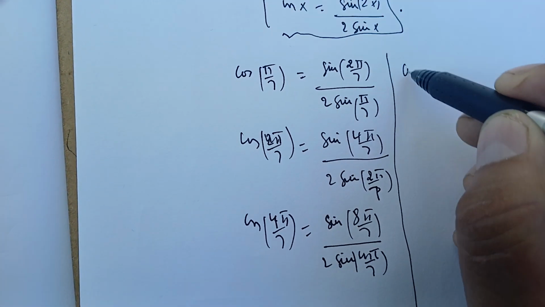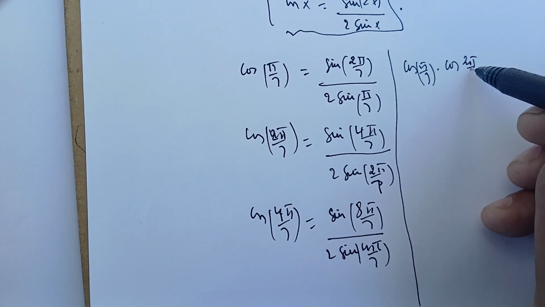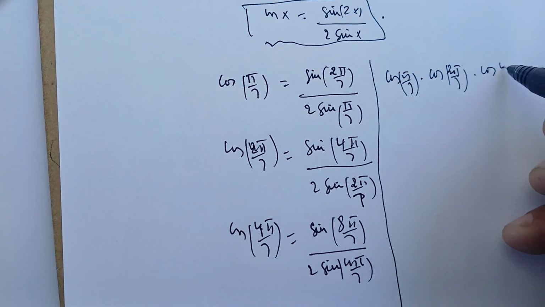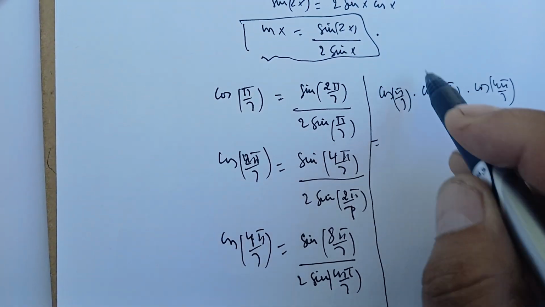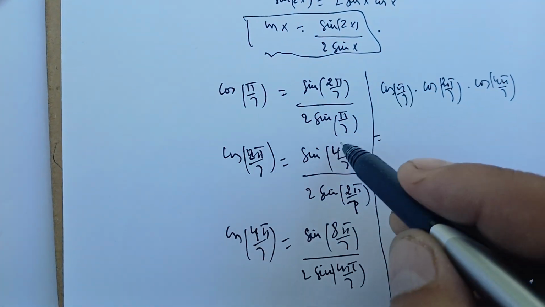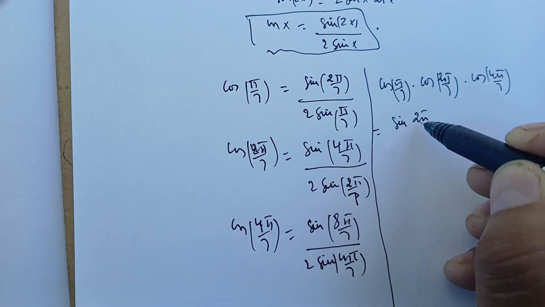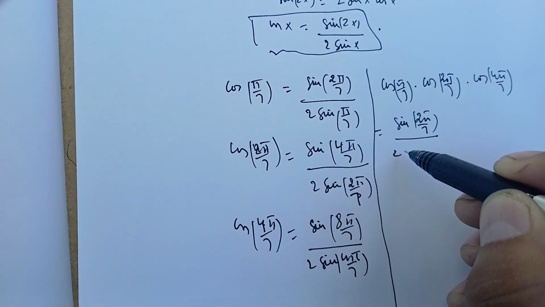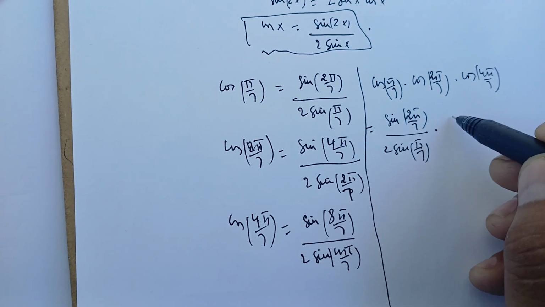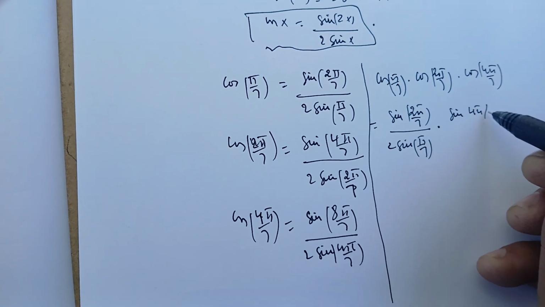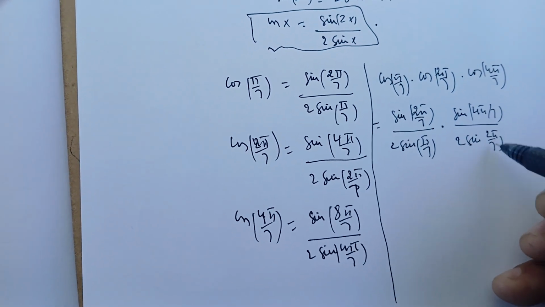So we have cosine pi over 7 times cosine 2 pi over 7 times cosine 4 pi over 7. We're going to replace each individual one by its value. For this one we have sine 2 pi over 7 over 2 sine pi over 7. The next one is sine 4 pi over 7 over 2 sine 2 pi over 7.